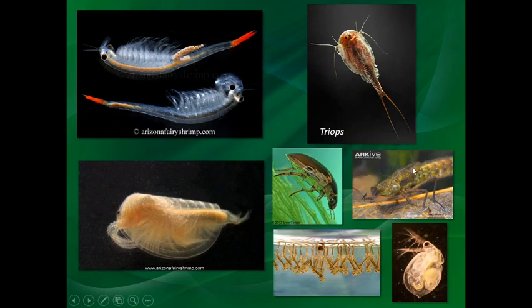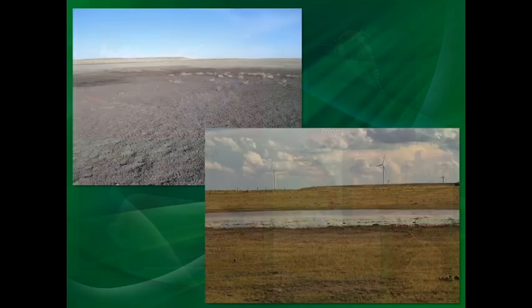And then there are insects and other smaller crustaceans that will colonize the habitat throughout the hydroperiod. That word hydroperiod is really talking about the time that the wetland actually has water.